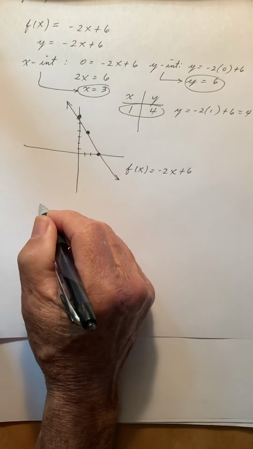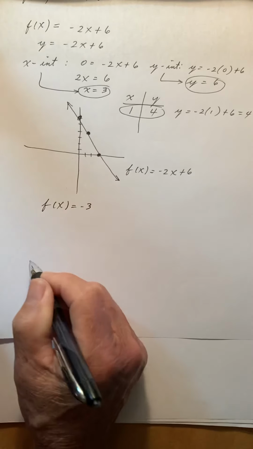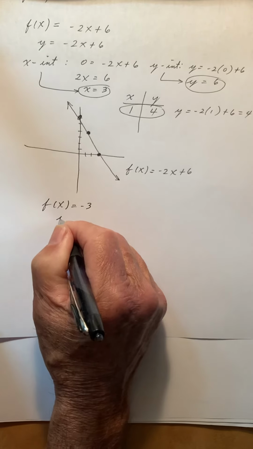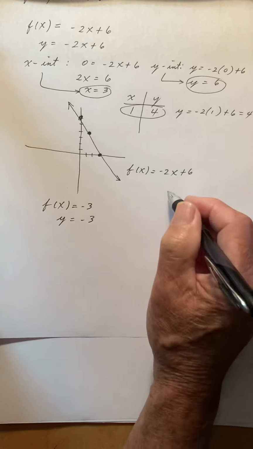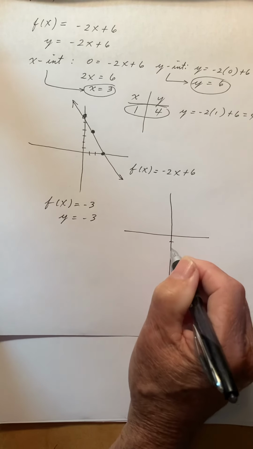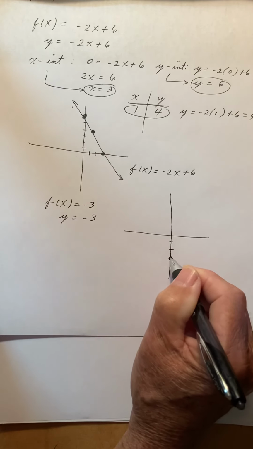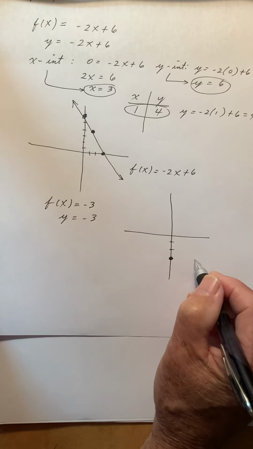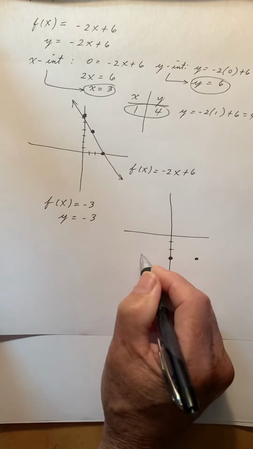Our next example says to graph f of x equals negative 3. You'll notice there's no x term in this, and we realize that that's the same as y equals negative 3. So what we do is count down to negative 3 on the y-axis, put a point right there, and we could count down anywhere from the x-axis 3 spaces, anywhere at all.